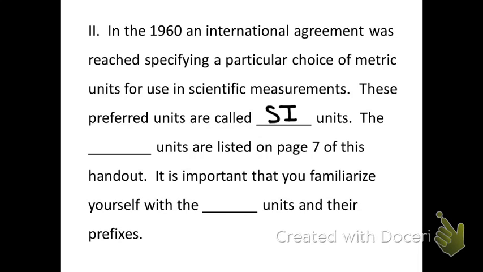The SI units are listed on page 7 in this handout that you have, and it should be labeled under SI units. Become familiar with those SI units, and specifically become familiar with the SI prefixes, which are listed on page 7.